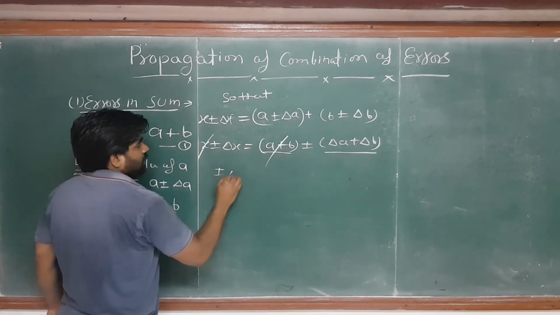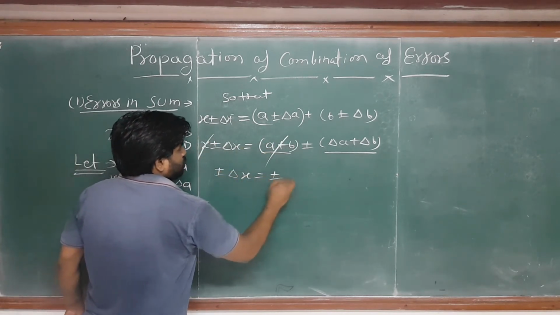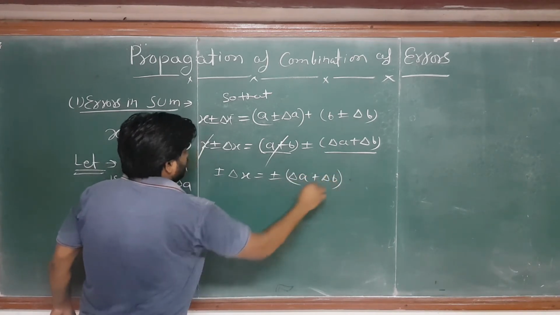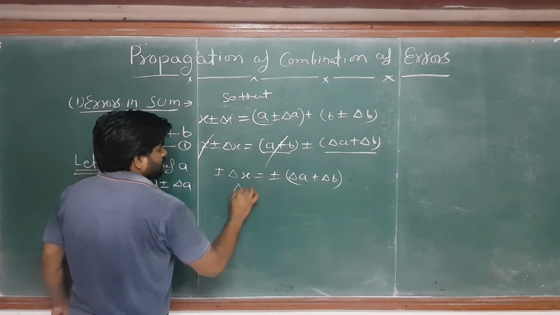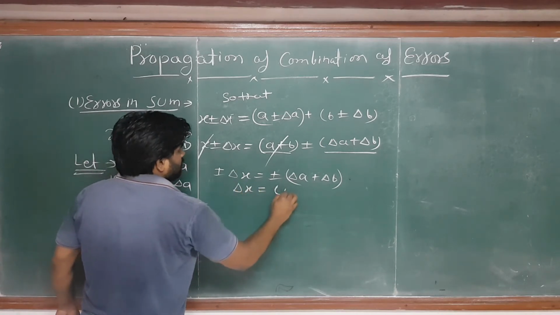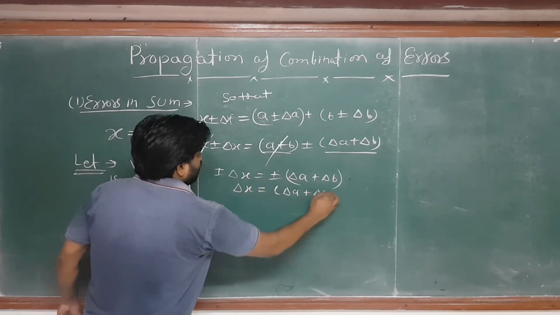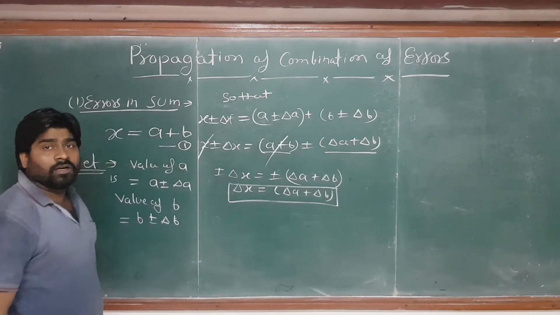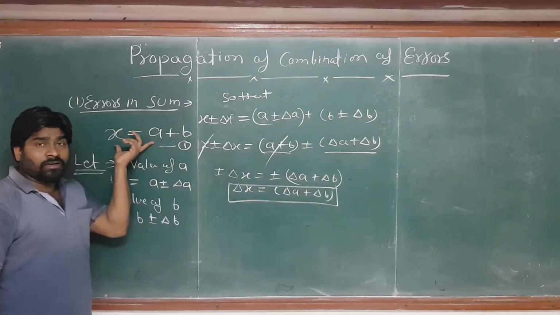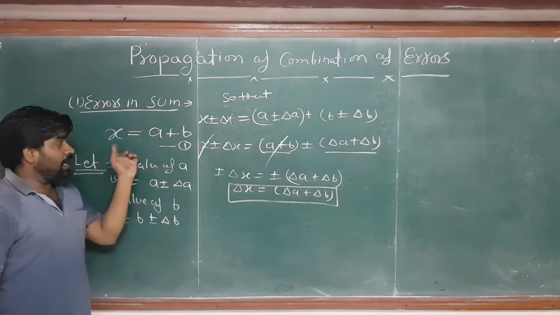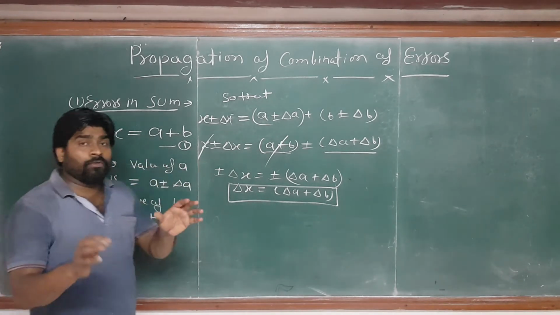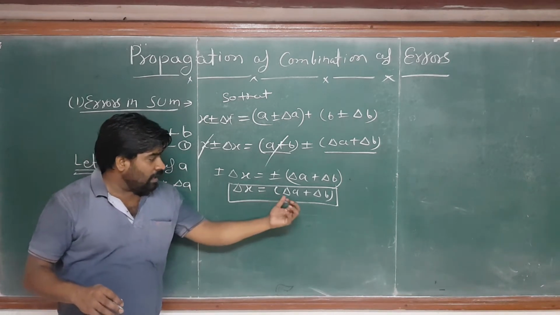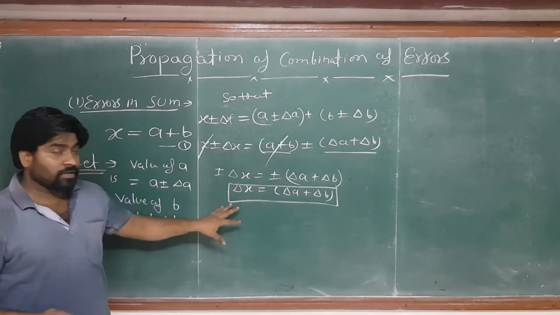So only plus minus del x is equal to plus minus del a plus del b would be there, and you can remove the plus minus sign, so it becomes del a plus del b. So this is called the combination of the errors, right? This is the formula of the combination for x is equal to a plus b. If you want to calculate x, definitely you have to find the errors in a and b, then you will get the errors in x.